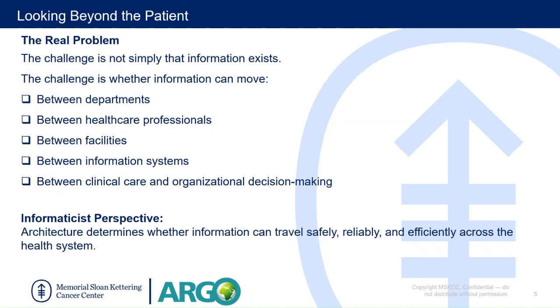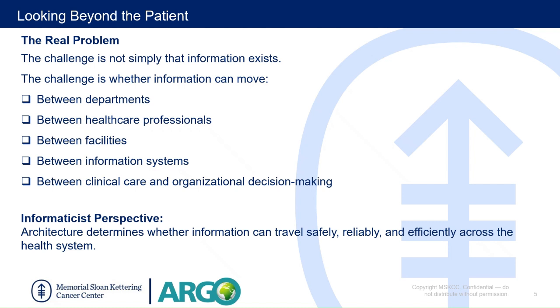Now, looking beyond the patient, the real problem is not simply whether the information exists or not, right? The challenge is whether that information, even though it exists somewhere, can move between the departments, between the providers that need it to provide care, right?